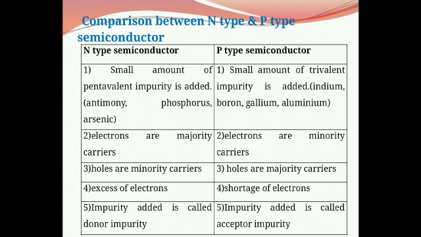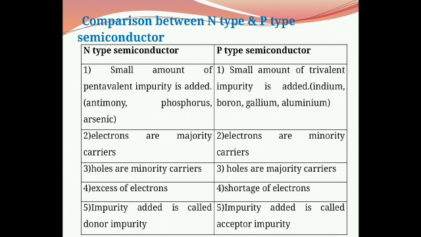In an N-type semiconductor there is a majority of electrons, and in a P-type semiconductor there is a minority of electrons. In N-type there is a majority of electrons, that means a minority of holes, and in P-type there is a minority of electrons, that means a majority of holes.